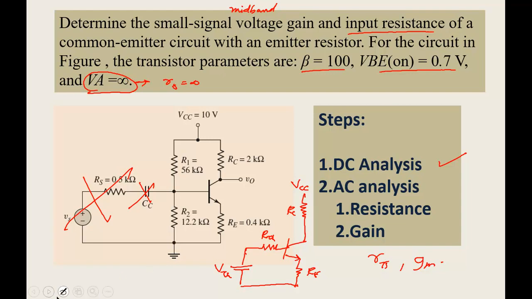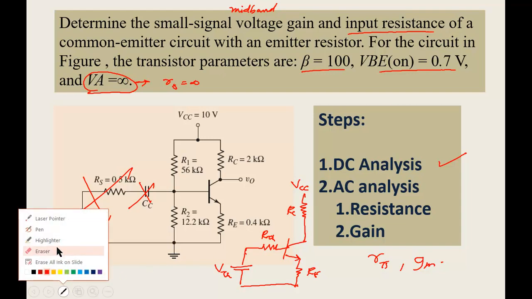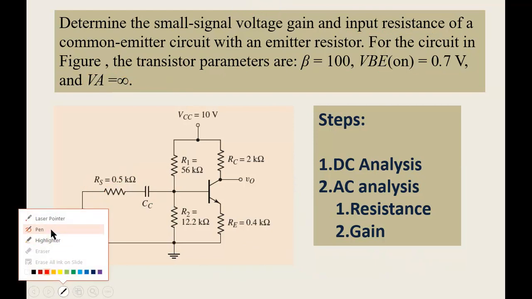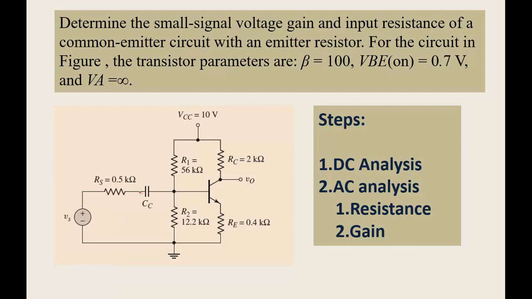In AC analysis, we short the capacitors for the mid band gain. Short the capacitor, no capacitance, and the DC will be grounded. Then you have to redraw the circuit in the small signal model.